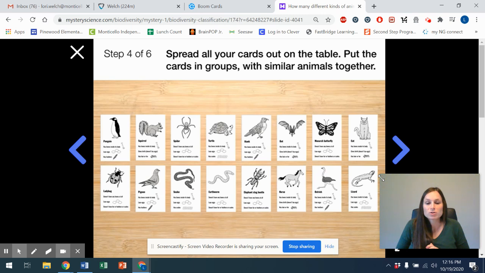You have about 1 more minute to group your animals. If you didn't finish, that's okay. Follow along with the video and let's see how you grouped your animals.